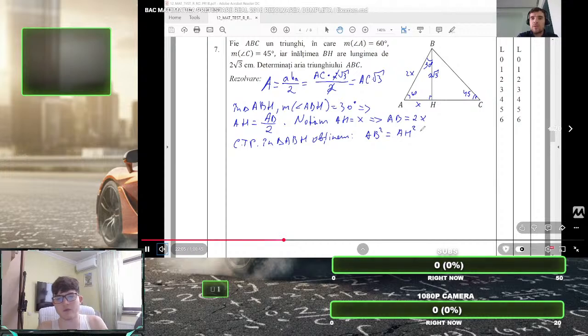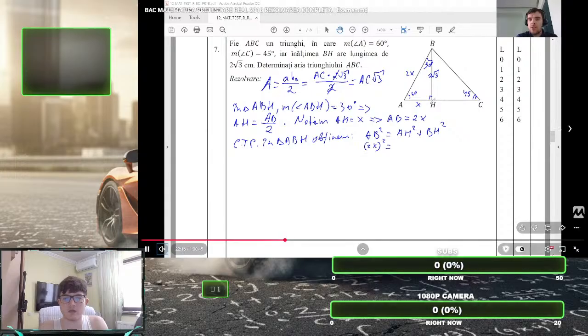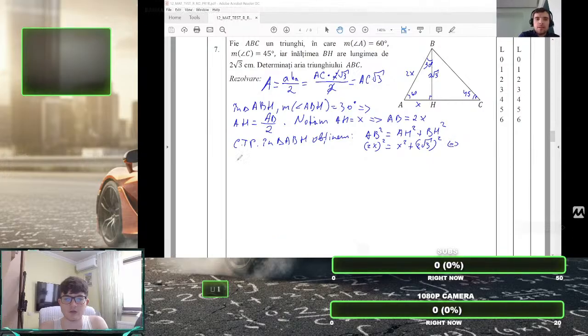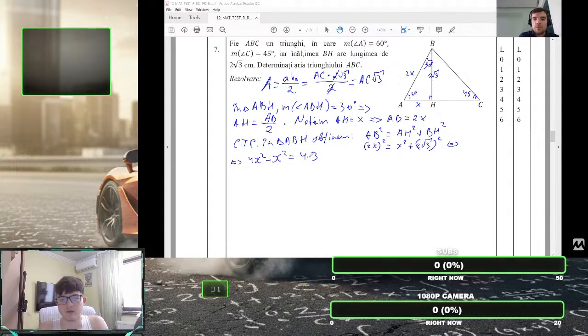So you have AB to the second power equal to AH to the second power plus BH to the second power. 2x second power equals x to the second power plus square root of 3 to the second power. You have 4x squared equal to x squared plus 3, and that is 12.